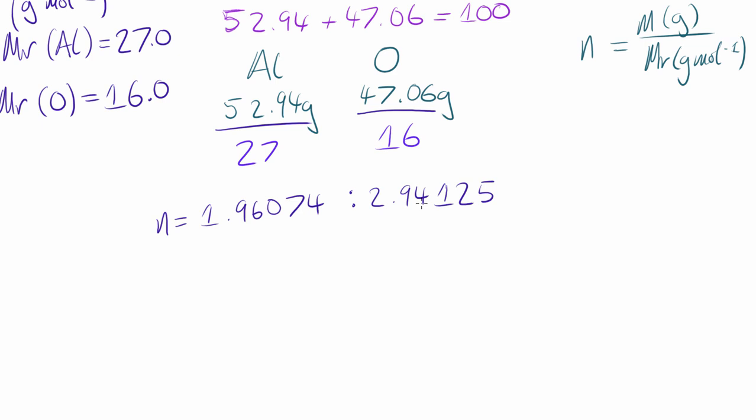So the smallest value, if I want to force an integer, what I'm gonna do is divide both values here by the smallest one, which is in this case the molar value associated with aluminum in our setup. So I'm gonna do that. So divide that by 1.96074, which is of course going to give us 1 because we're dividing it by itself. 1.96074.